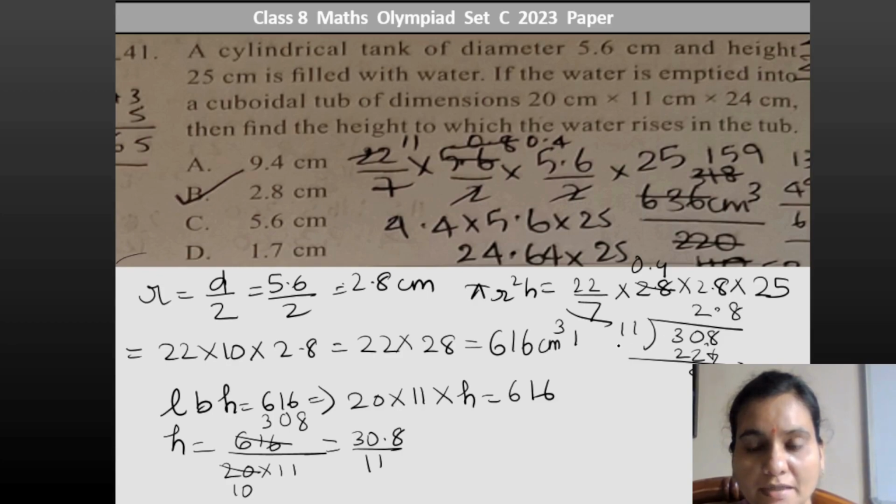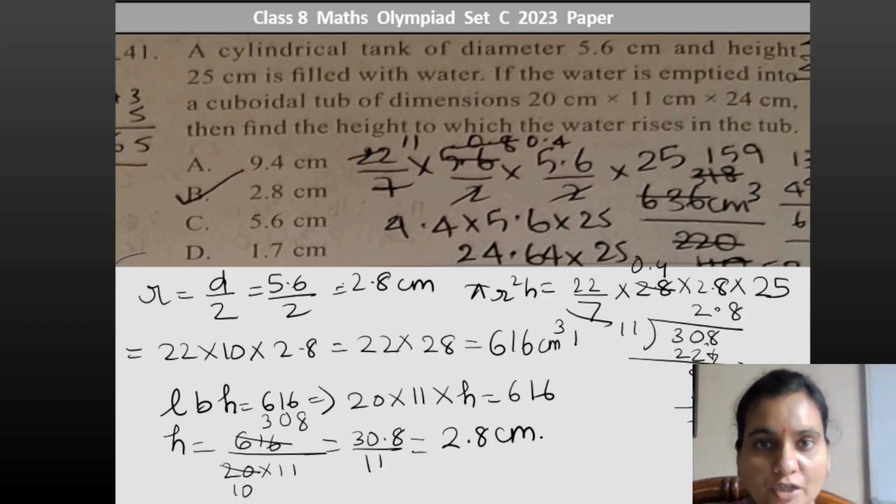So again the decimal point will come, then 11 eights are 88. So the height up to which the water is filled when transferred into the cuboidal tub is 2.8 centimeter. It does not get filled till 24 centimeter. It gets filled up to the height of this 2.8 centimeter in the cuboidal tub. So the answer for question number 41 is option B, 2.8 centimeter.